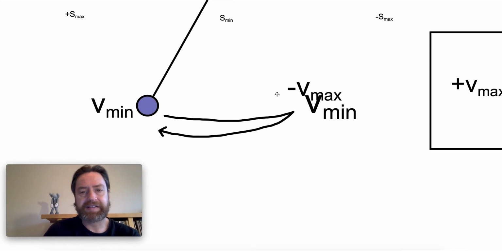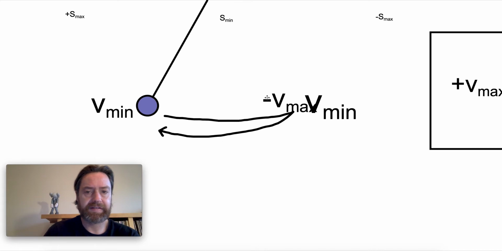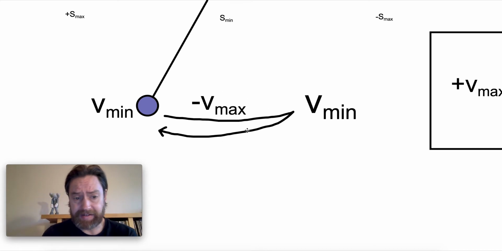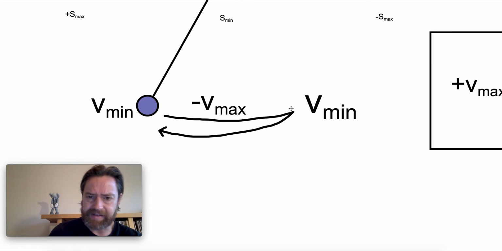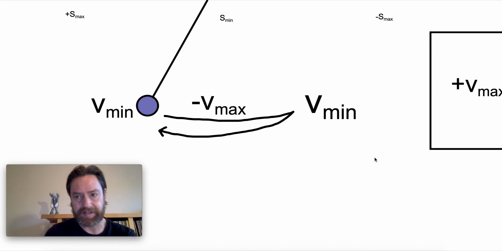And when it gets to the centre, it has the maximum negative velocity. It goes past the centre, it still has a negative velocity, but the magnitude of it is decreasing until it reaches 0, and then it increases again, but heading towards the positive side. So going this way, it's all positive velocities.